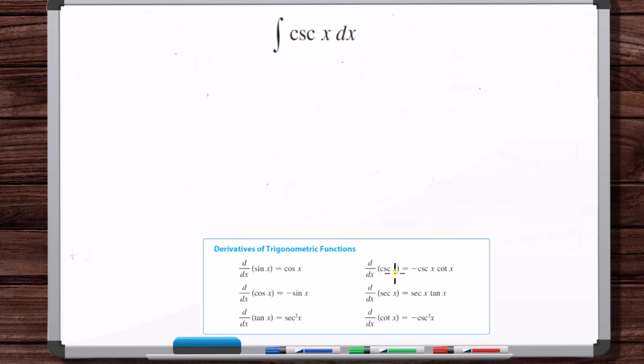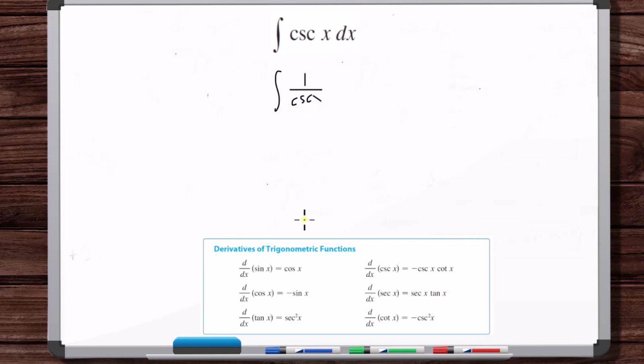Because the derivative of cosecant is minus cosecant x cotangent x, and the derivative of cotangent is minus cosecant squared. So if we multiply this by 1 in the form of cosecant x over cosecant x, then we would get 1 over cosecant x, cosecant squared x dx. Potentially we could say that u is equal to cotangent x, so that du is equal to cosecant squared x dx, but we don't have a cotangent x here.